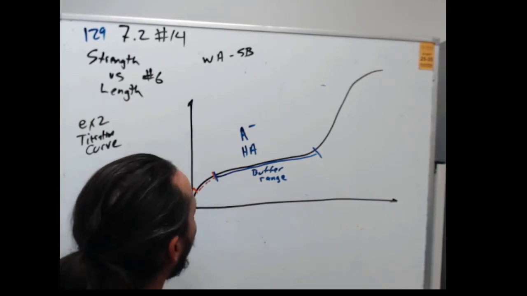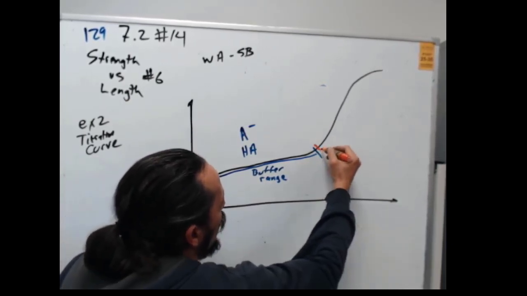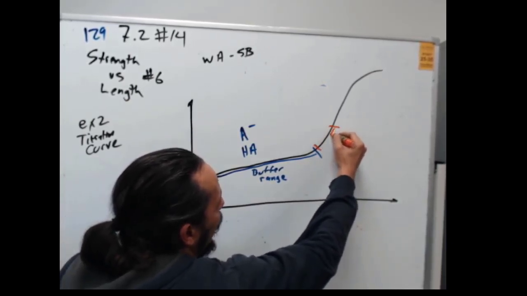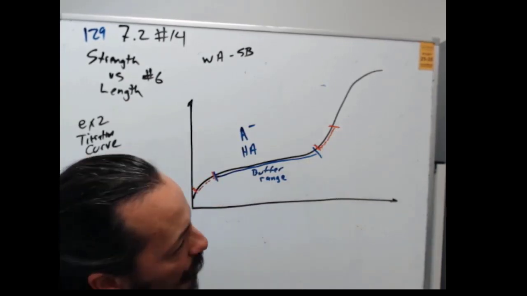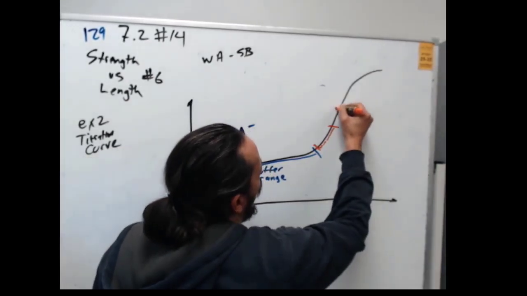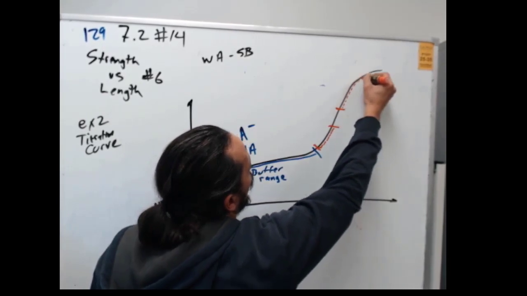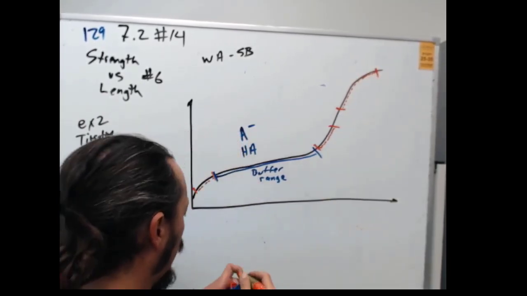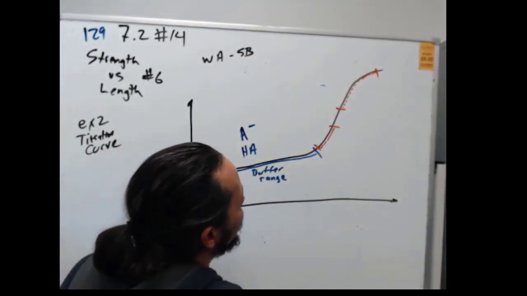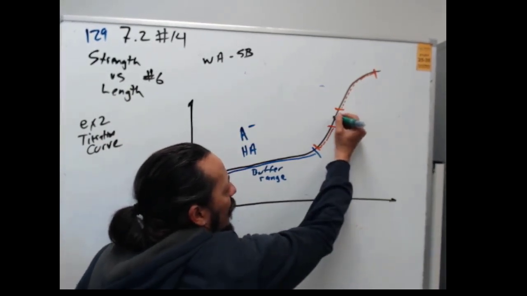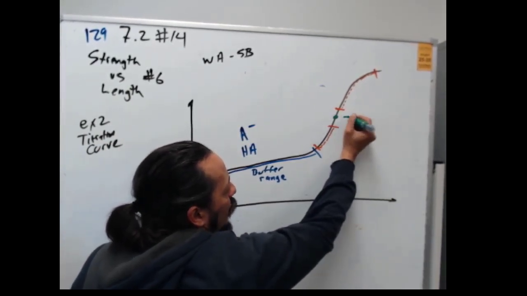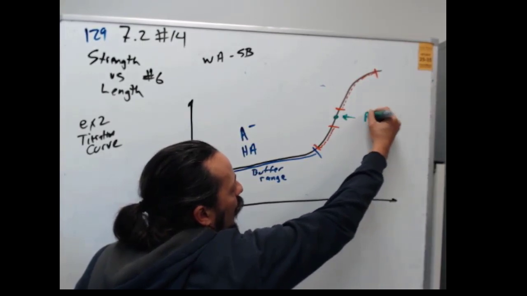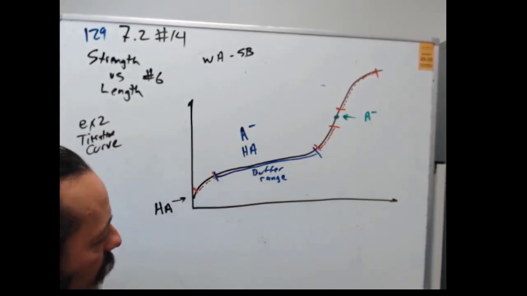Then we get into this other region where the curve is happening and our x-is-small approximation is failing. We can't really do the calculation. And then there's another part where the curve is going and we can't do our approximation. And we've got this one spot, technically a range around it, where we can do it, where we only have A minus.